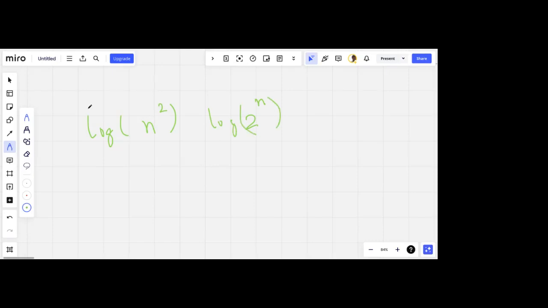So guys, do you know this property of log? Whatever is the exponent comes in front, so this becomes 2 log n, and this becomes n log 2. Getting it? So now this becomes 2 log n and this becomes n log 2.